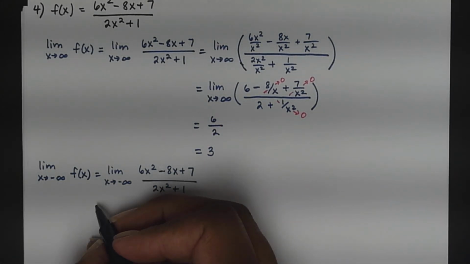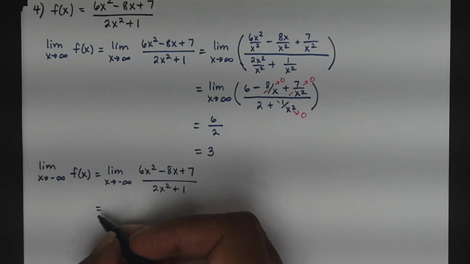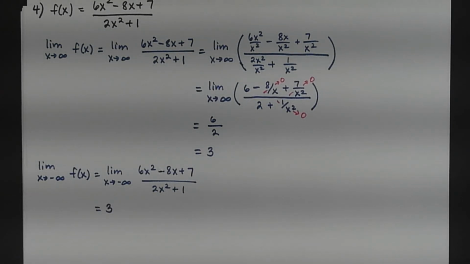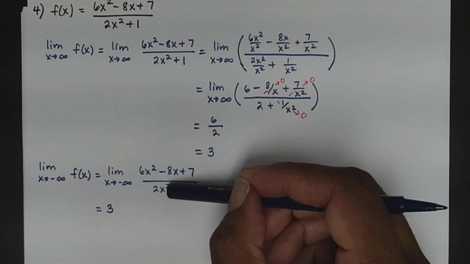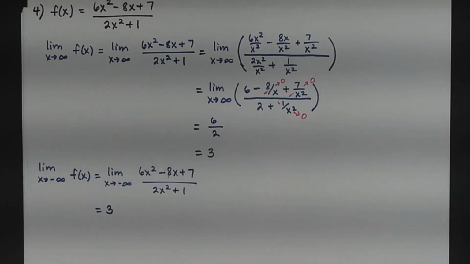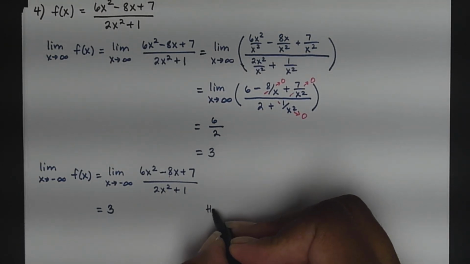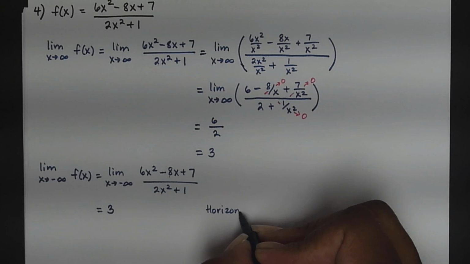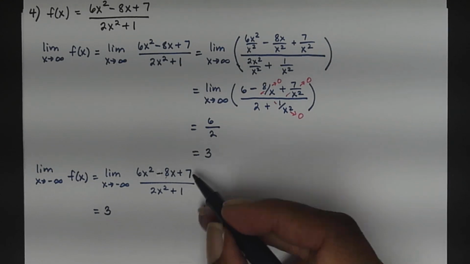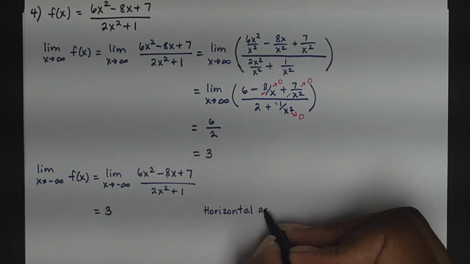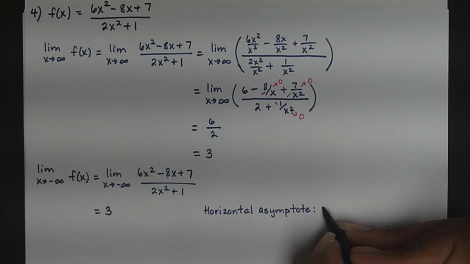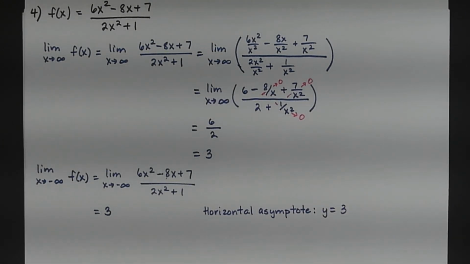So that means that the limit as x approaches negative infinity of that function will also be 3. Okay? Because notice we have x squared and x squared here. Same thing. So for my horizontal asymptote, both the limits as x approaches infinity and negative infinity have to be the same value for you to have a horizontal asymptote. And in this case, the horizontal asymptote would be the line y equals 3.